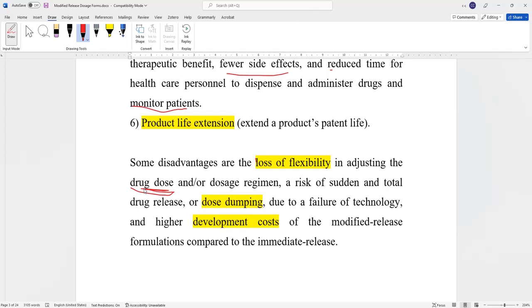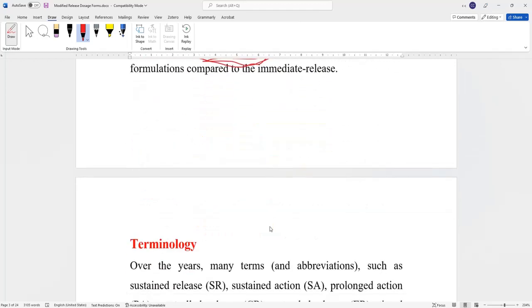So what can this cause? It can cause toxic effects or side effects. Another thing which I already explained is that it's more costly compared to the immediate release dosage form, because you need to do a lot of work on development.